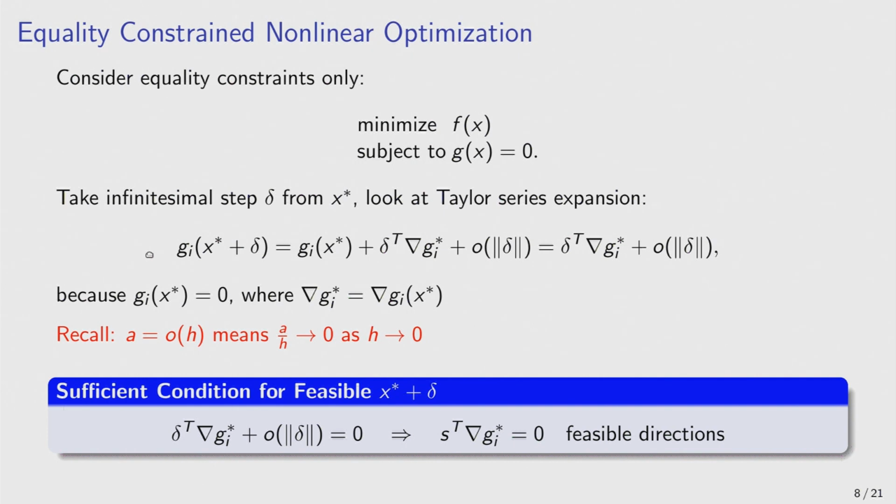And so our friend here is the Taylor series approximation. So everything we derive in optimization is based on Taylor series expansions. There's very little else that goes on in continuous optimization. So what we're going to do is we're going to look at some point x star, and we'll take a small step from x star, and we're going to see what happens to the function value for one of the constraints, so gi of x star.